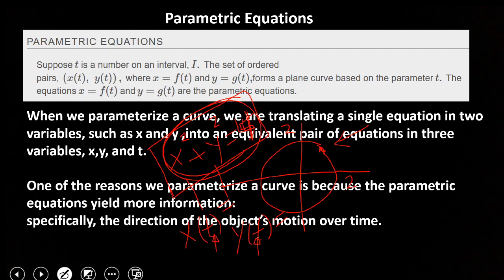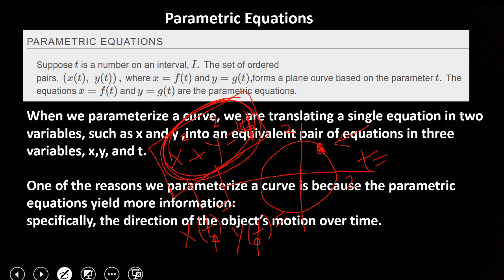So if we can do that, then at every given value of t, we would have a point here, and we know exactly where it is just by knowing what t is. So that's the use of parametric equations.